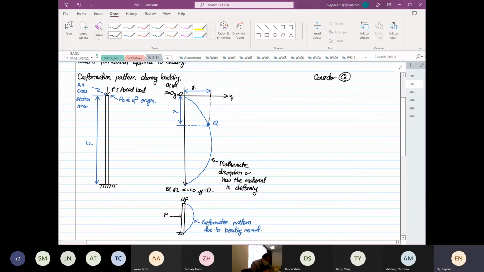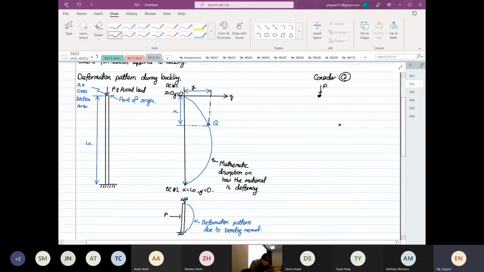Point Q is a certain arbitrary point that we pick, and we want to see what is going on at point Q. At the top we have a force P acting on the structure.